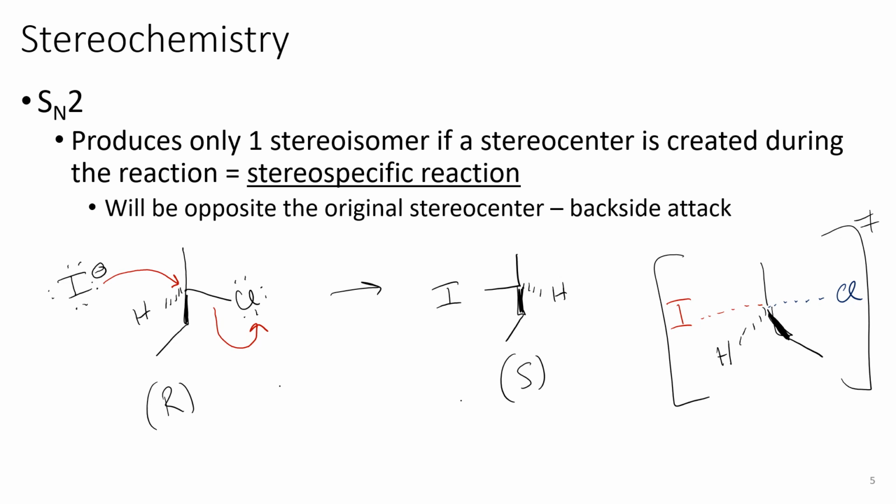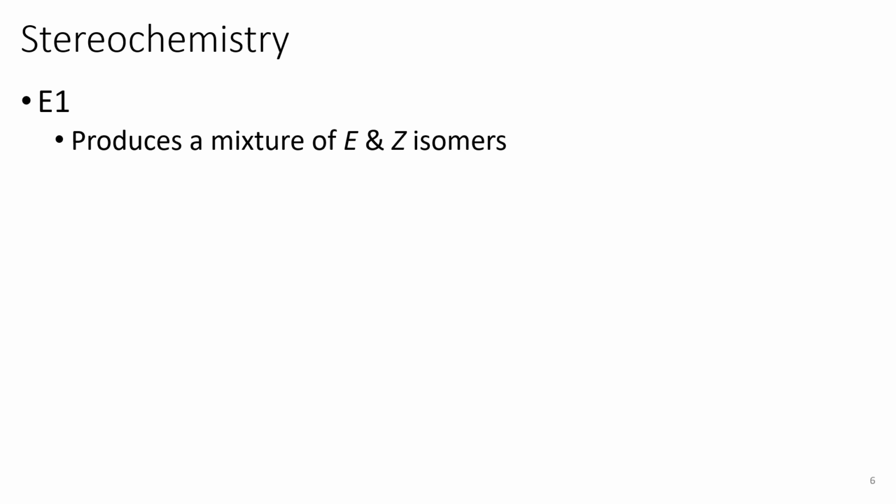So we see this somewhat planar transition state with bonds being broken and bonds being formed all at the same time, which is what leads us to the reversal of stereochemistry, a very stereospecific reaction. If we start with the R, we will only get the S product. If we start with the S reactant, we will only get the R product under these SN2 mechanisms. So now let's look at our E1 mechanism.